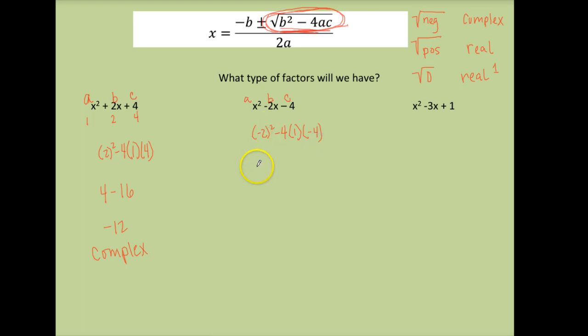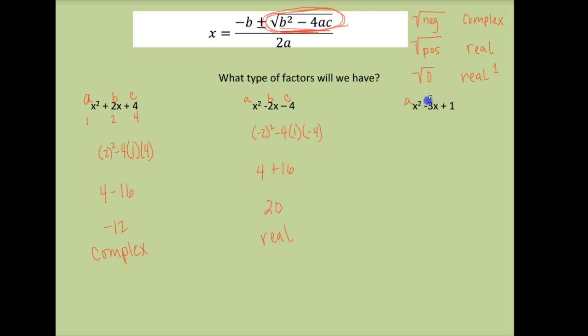Negative 2 squared, or negative 2 times negative 2, is a positive 4. Negative 4 times 1 is negative 4, times a negative 4 is a positive 16. And 4 plus 16 is 20. So for this one, we know the number underneath the square root is positive, which means that we will have real factors.